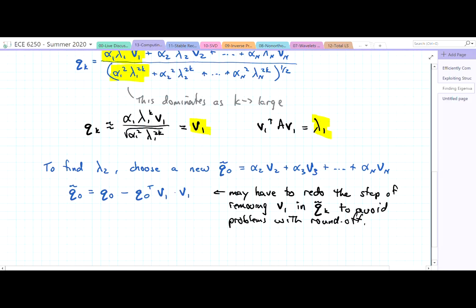So we can do this and find the top however many eigenvalues we want by just repeating this process. If there's a large spread in eigenvalues, this orthogonalization step may need to be performed slightly more often.